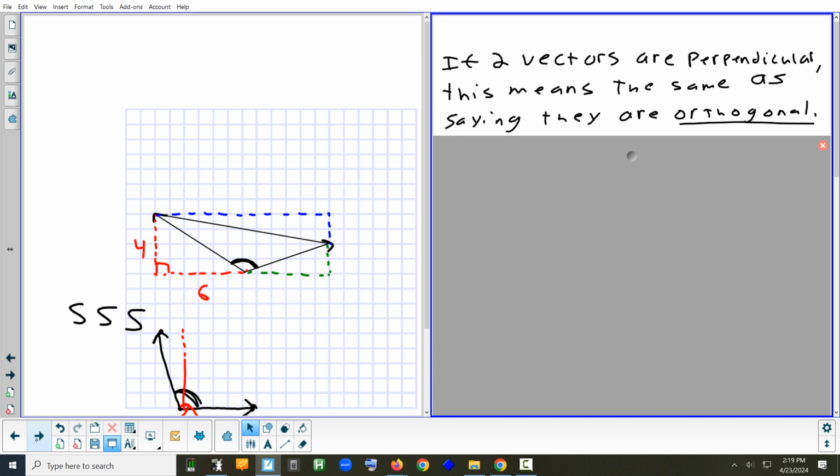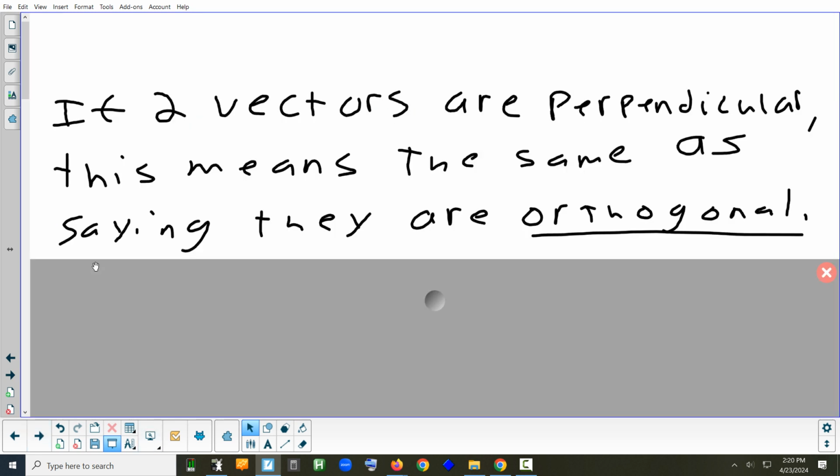If two vectors are perpendicular, the word they usually use to describe that is orthogonal. That's a word that I usually see associated with vectors. I don't usually see it in too many other places. Maybe when you talk about planes, but definitely when you talk about vectors being perpendicular, the word they use is orthogonal.